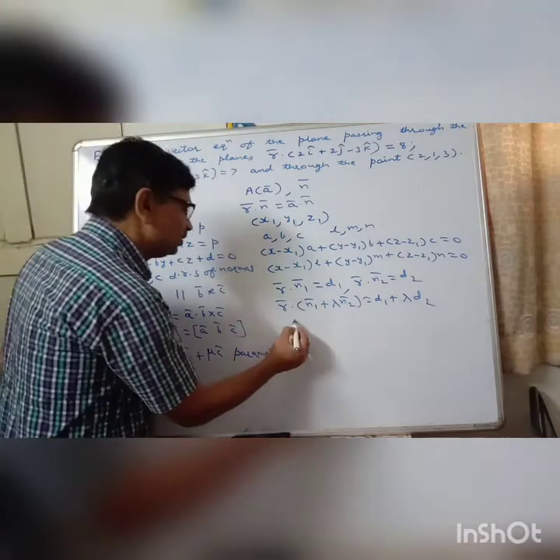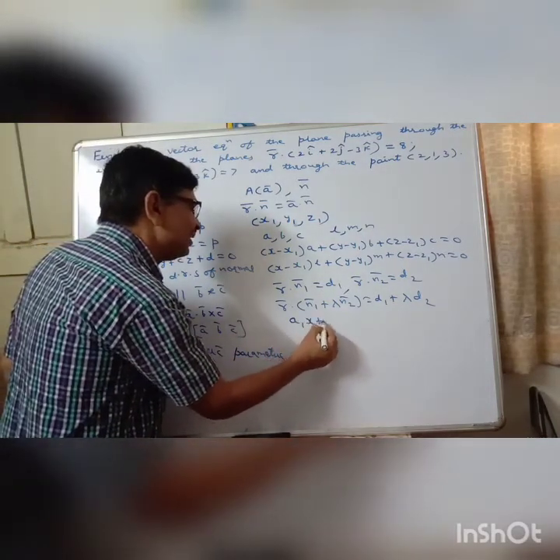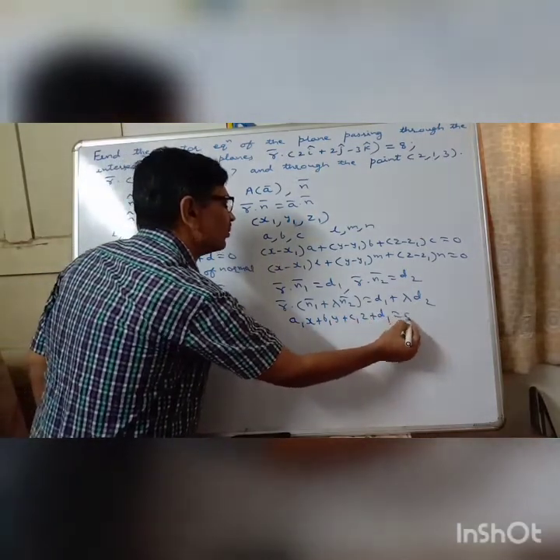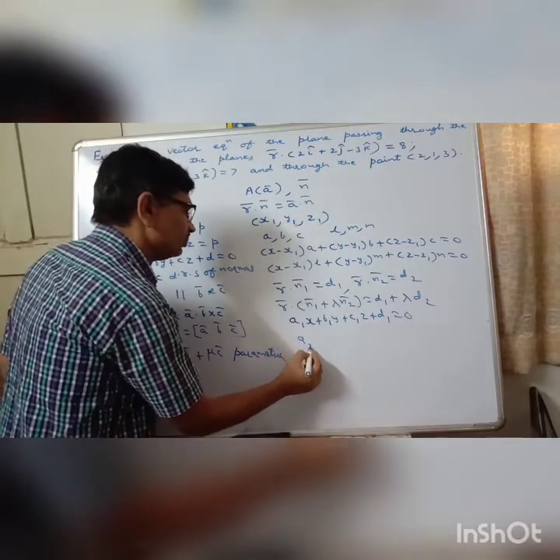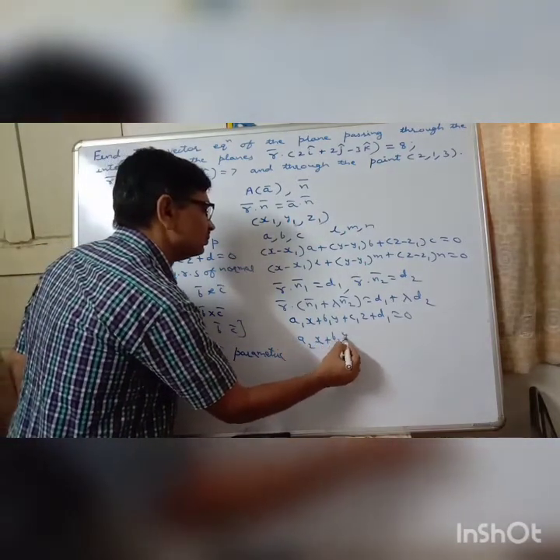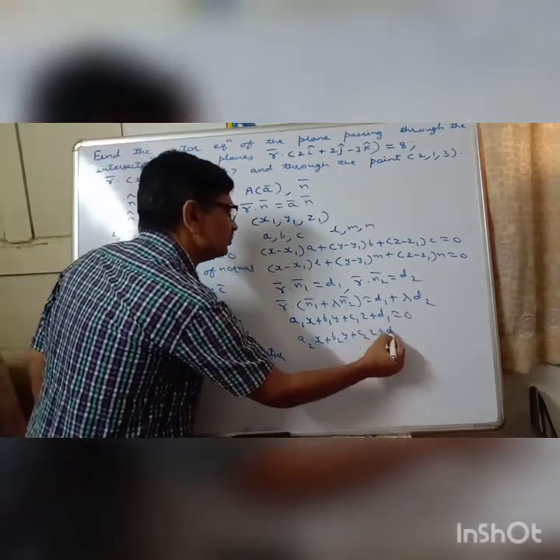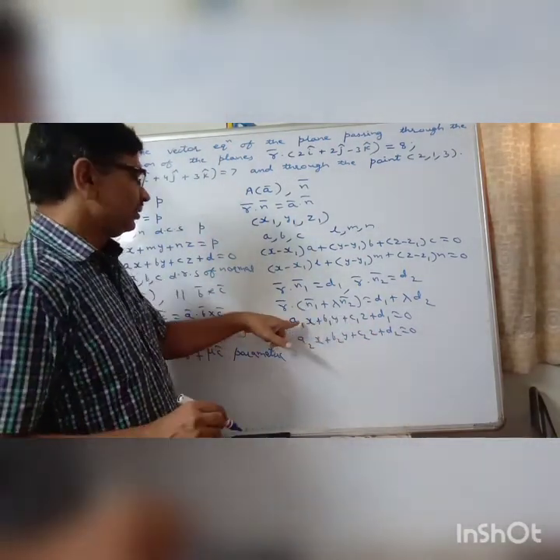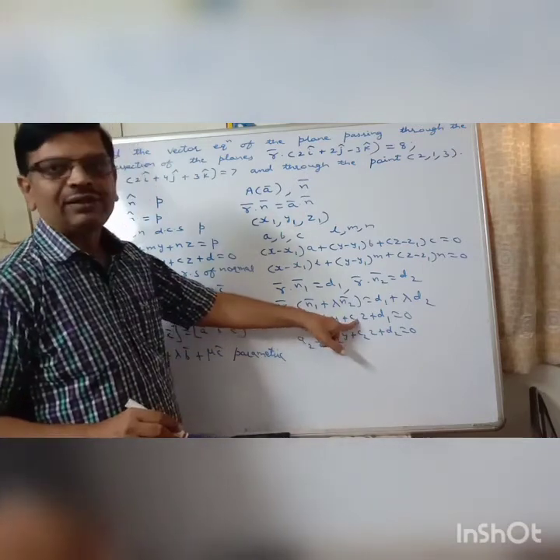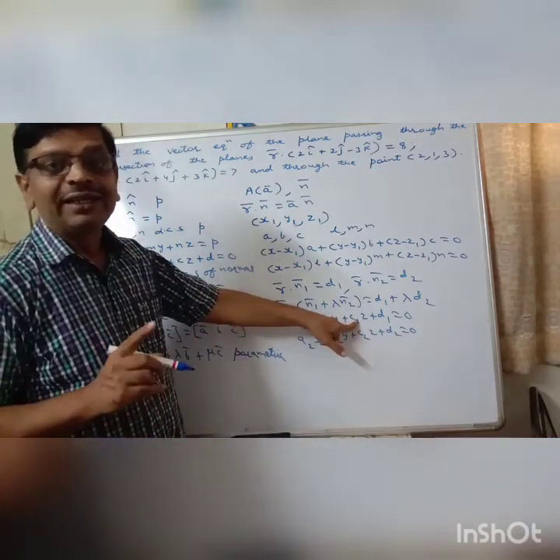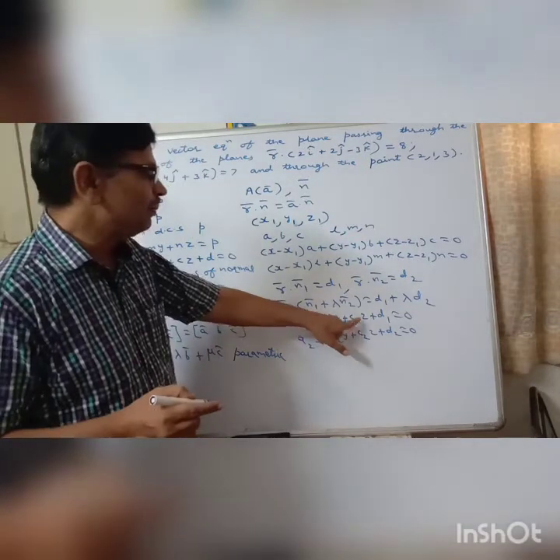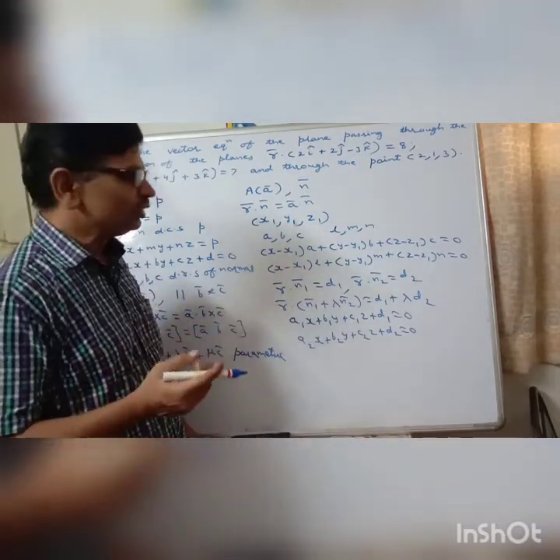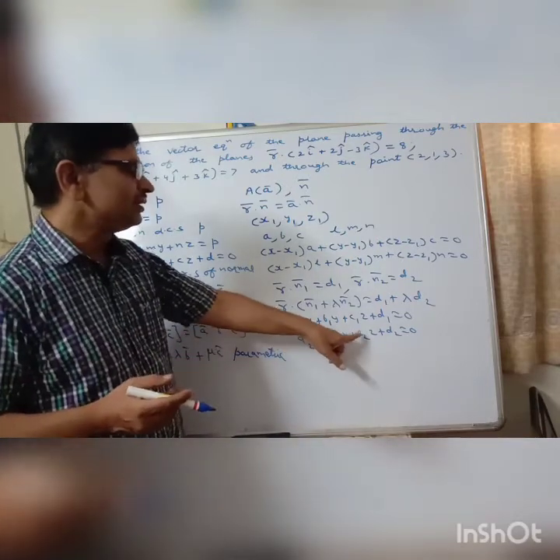If equations of two planes, they are in Cartesian form. For this plane A1, B1, C1, they are direction ratios of normal to the plane. A2, B2, C2, they are direction ratios of normal to this plane.